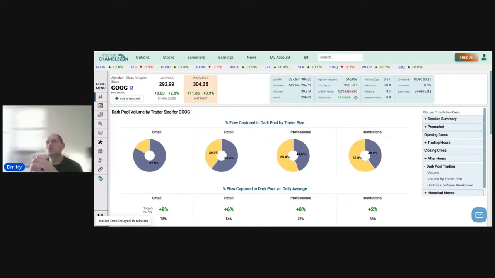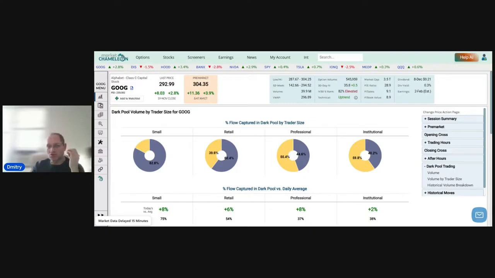So understanding how the dark pools versus lit exchanges work is key to understanding what is going on between the volume in the lit exchanges and dark pools. So if you're a dark pool, right, the most valuable order flow is retail and small retail.